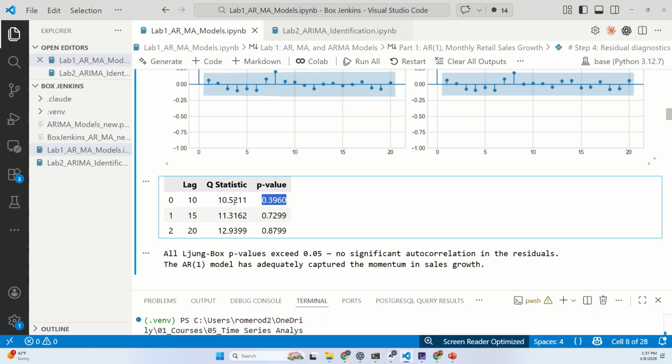Typically you use this to measure the effect of values that are close to the prediction. For intermediate values you use lag 15 or lag 20 to check values that are far from the prediction. In all cases, you see that the p-value is greater than alpha, meaning that they are independent. So this is just confirming that our residuals are fine.